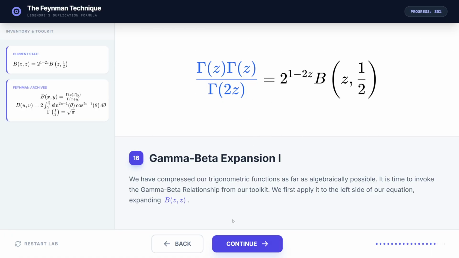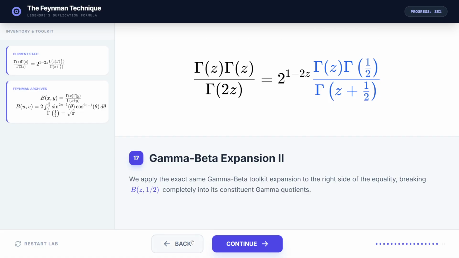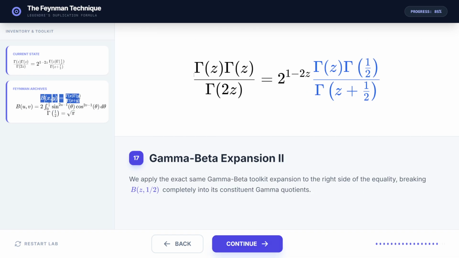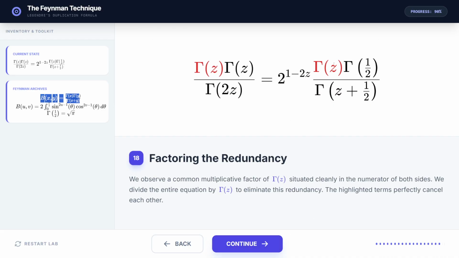Okay, now what are we going to do? Well, now let's use beta z comma 1/2 and plug it into our beta gamma relationship. And if we do that, we see we end up getting this. And now you'll see we have some cancellations that we can do. We have a factor of gamma z on both sides that can come out. All right. So let's see what happens next. Yep, this gamma z is going to cancel on both sides.